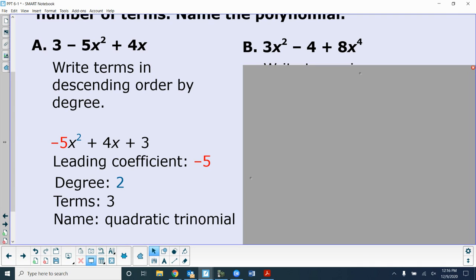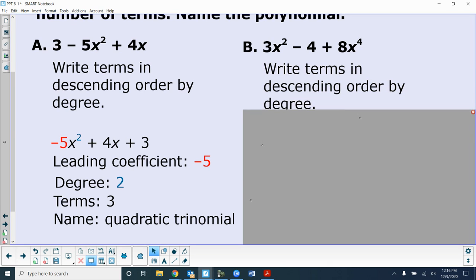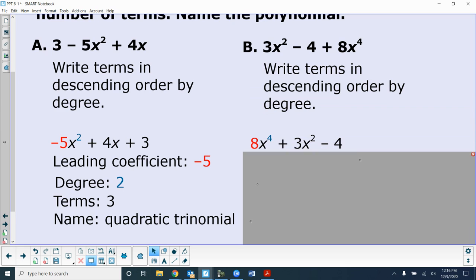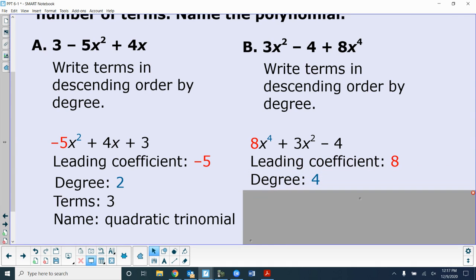Cameron, what's the right order for B? 8x^4, 3x, 4. Good. What's the leading coefficient, Liz? Good. What's the degree, Gabe? 4. Good. How many terms, Tim? 3.